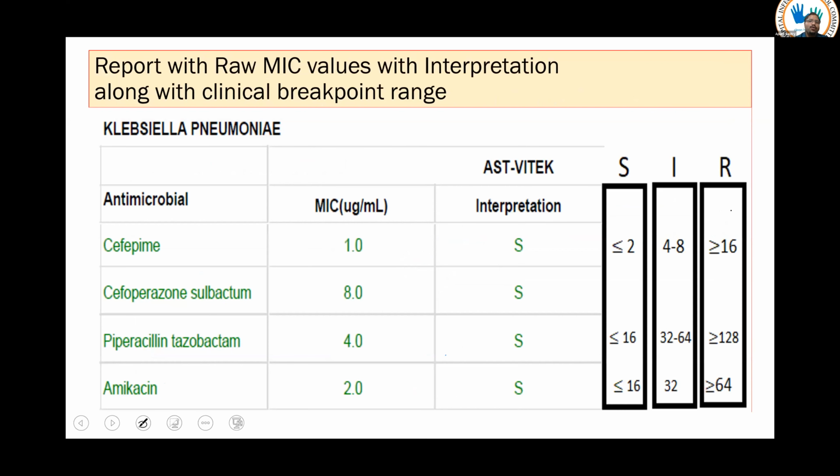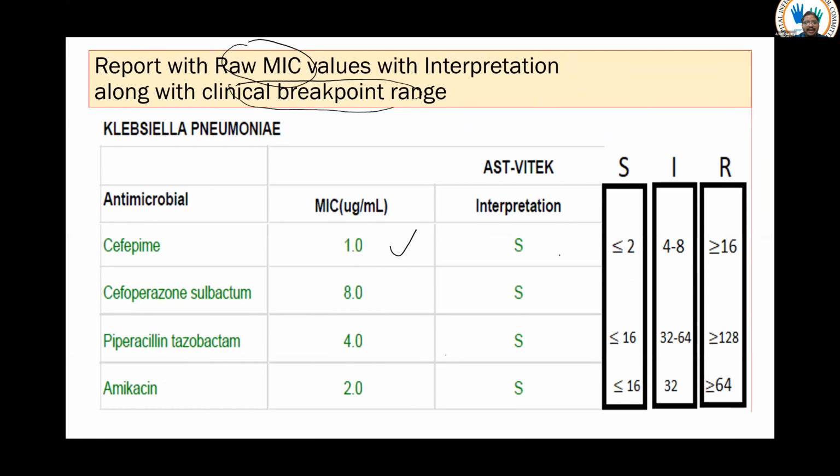What are the other ways? We can report the raw MIC values along with the clinical breakpoint range. This is how biochemistry reports are done: you give a value along with a range. Similarly, an AST report can also be released in the same way with the MIC value.